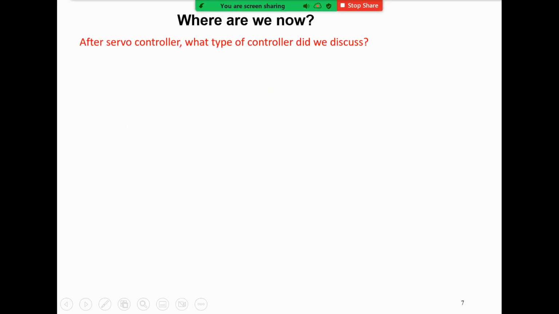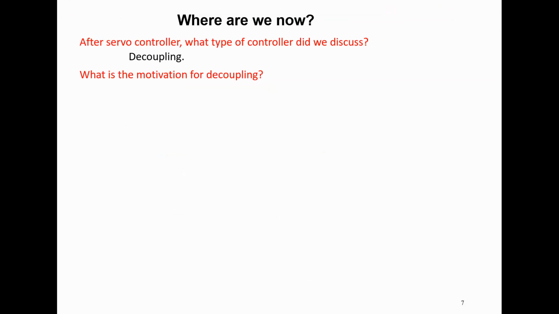So after servo control, there is another controller we discussed. That is a unique feature for the multiple input, multiple output system. It's called decoupling. Now, the motivation for decoupling, of course, is very different from the motivation for power placement or for optimal control.